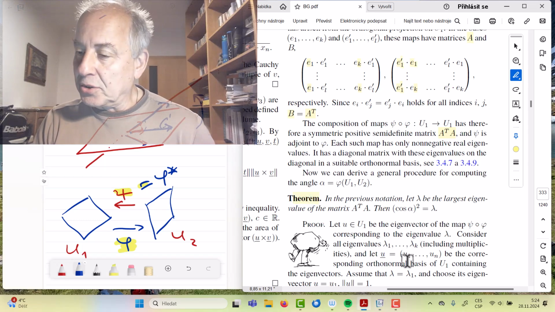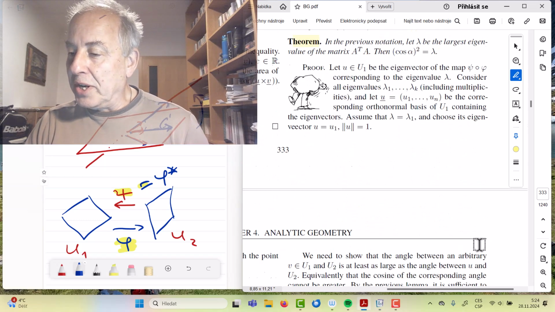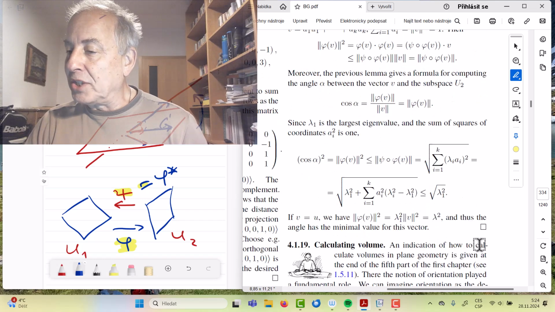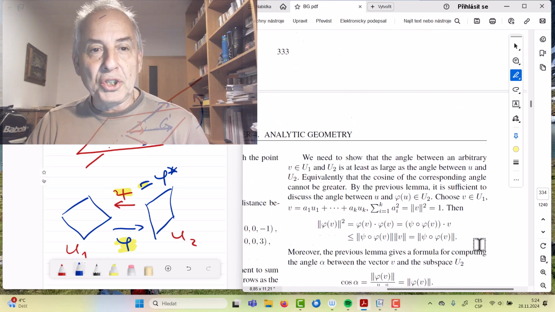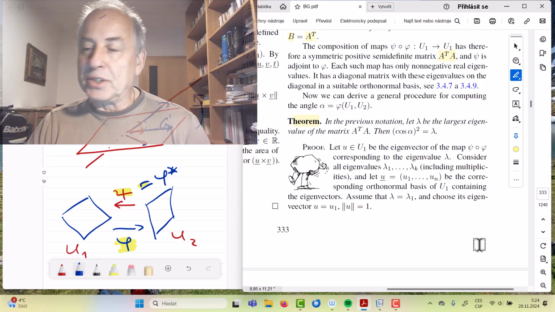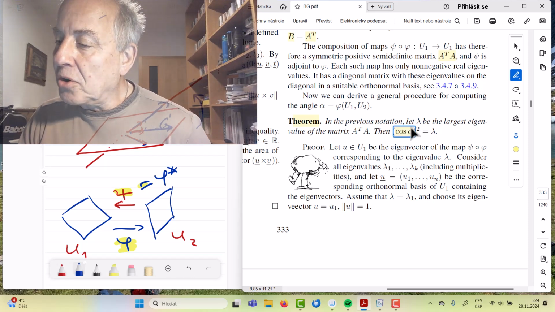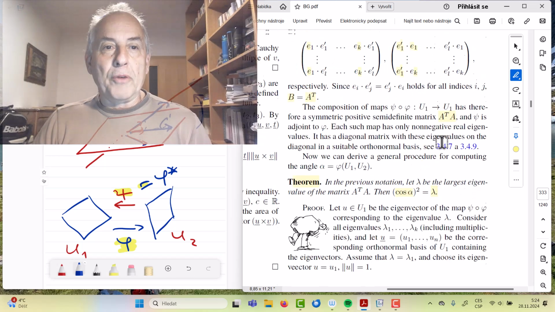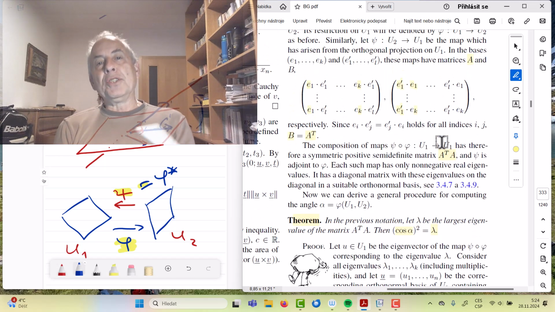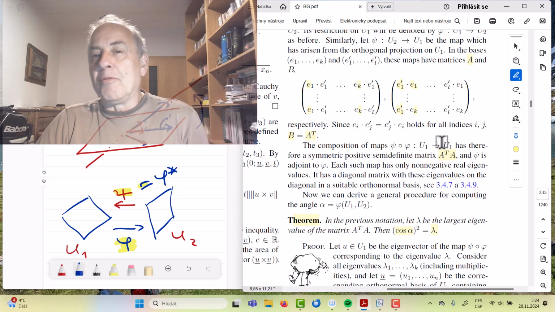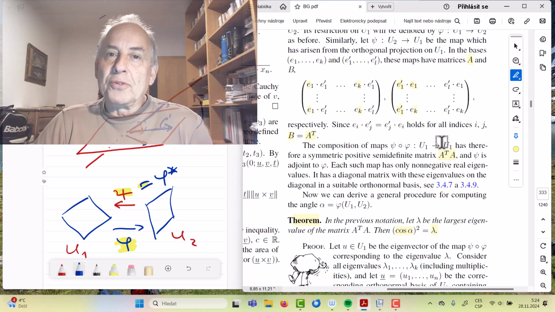Well, easily, so we have shown that it's really then giving us the minimum, which takes some effort, but not much. But the theorem says that the square of the cosine is given as the largest eigenvalue of the mapping.